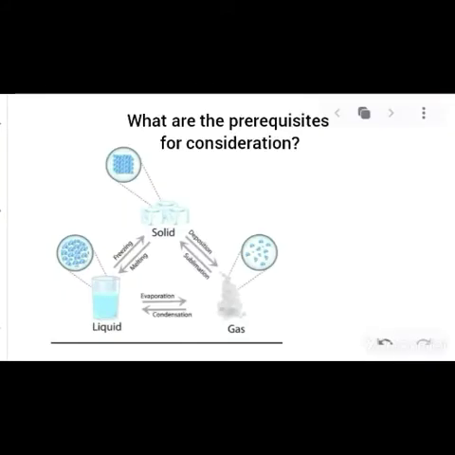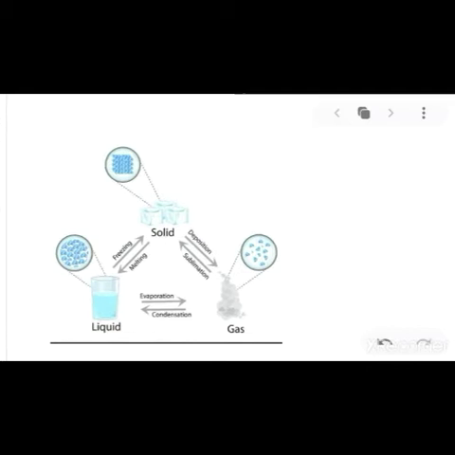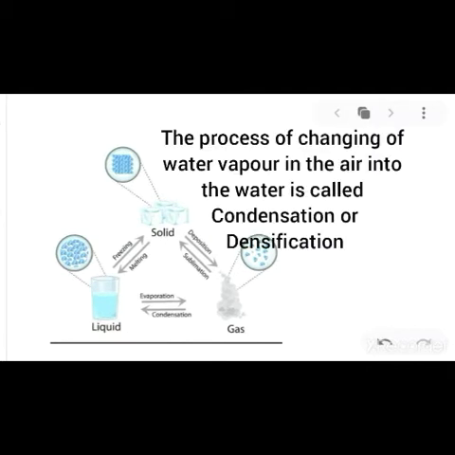Now, let us see the prerequisites for condensation. What are the prerequisites for condensation? The process of changing of water vapor in the air into water is called condensation or densification.